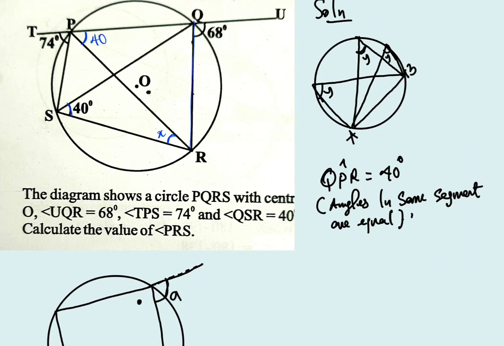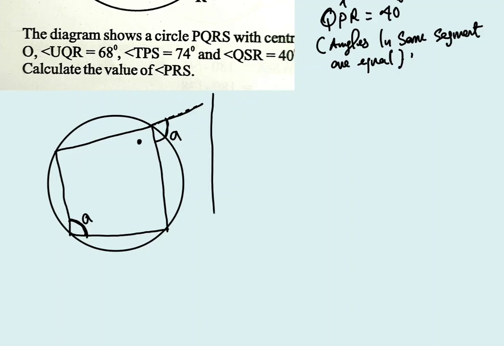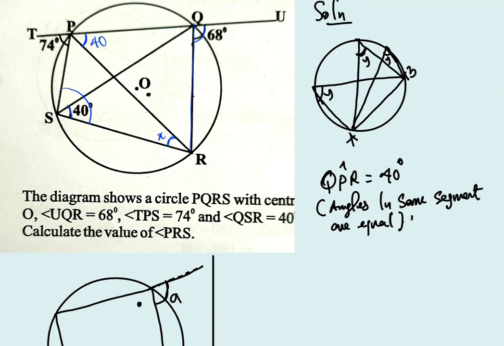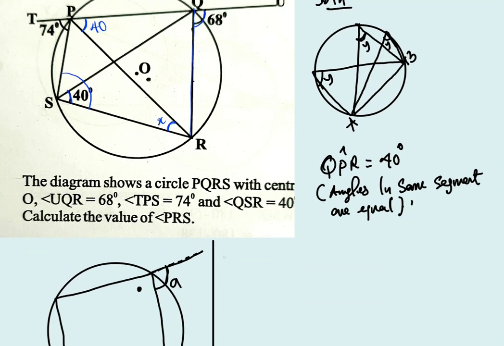Now, can you see that I can proudly say that this 68 is equal to the whole of this angle here, angle S, sorry. So therefore, I can come down to this conclusion: that angle PSR is equal to 68.